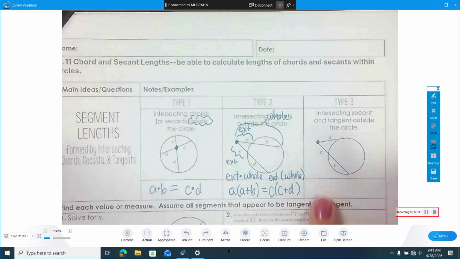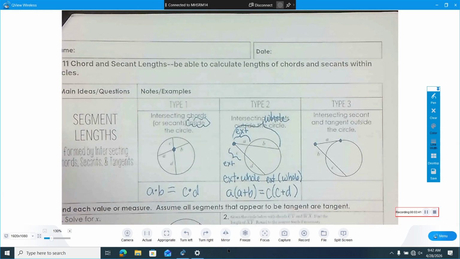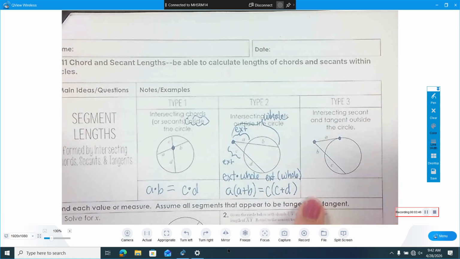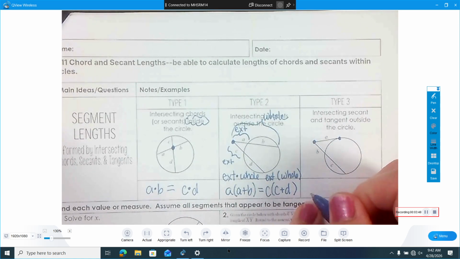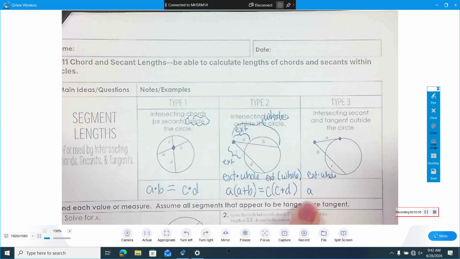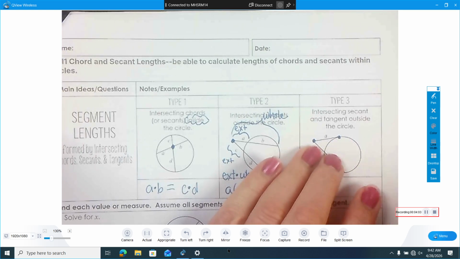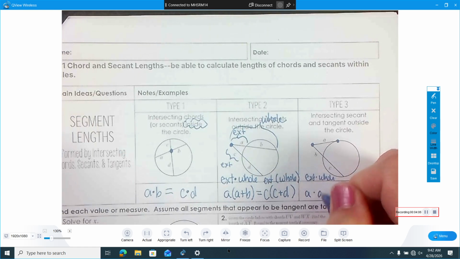The last one is sort of the same, but here we have a tangent line. If I'm going to do the same process, what's the exterior portion? The A. And what's the whole thing? A. It's the exterior and it's the whole thing.